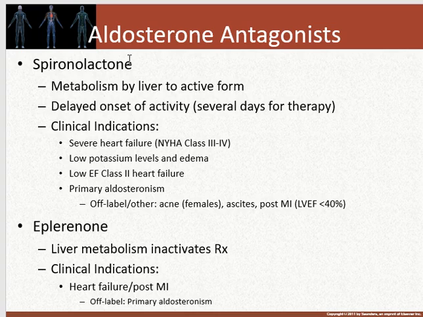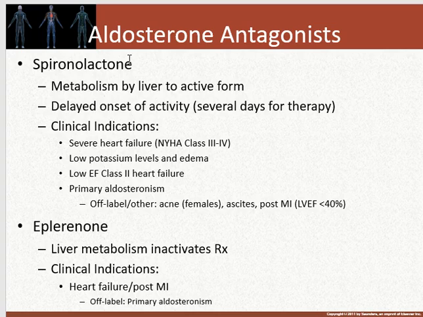The clinical indications are listed there. More people are sometimes interested in some of the off-label uses, and so it's been used in the past for acne in females, to control ascites. It's also been used post-MI in the context of heart failure with reduced ejection fraction. Eplerenone is another aldosterone antagonist, and here we're looking at liver metabolism.